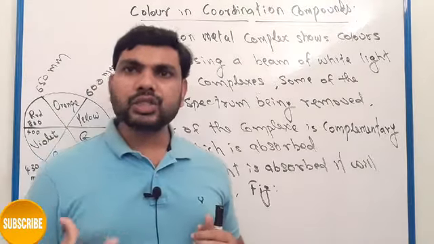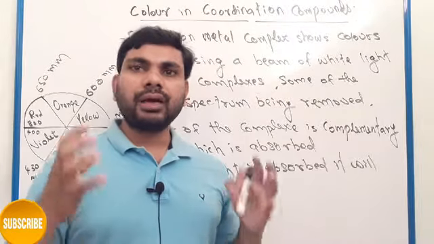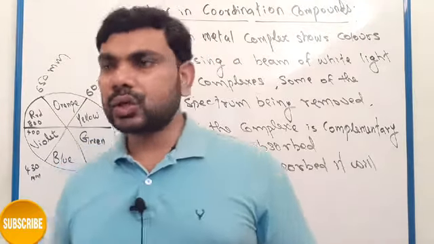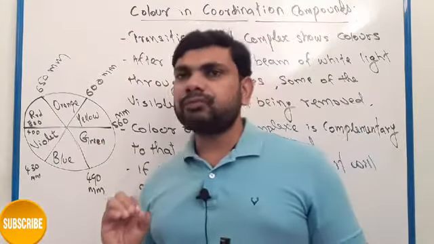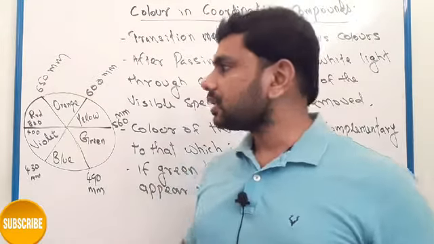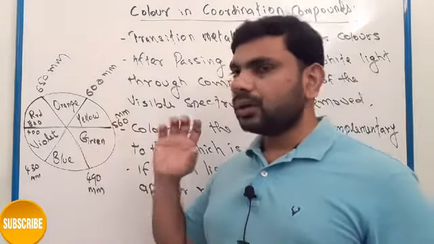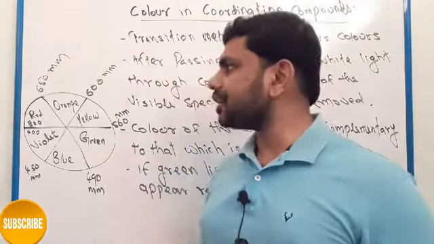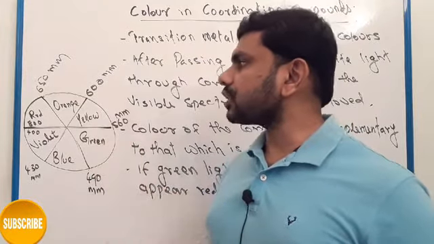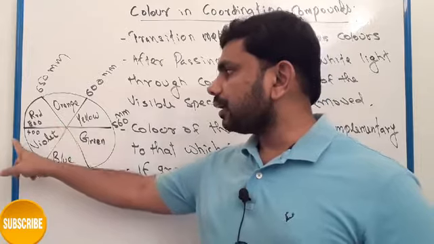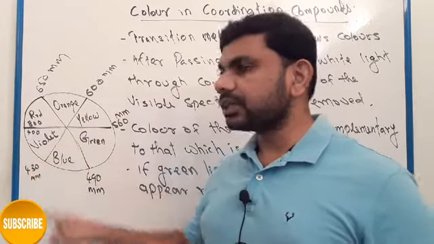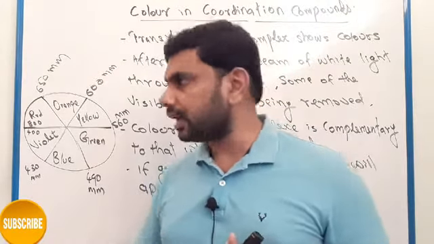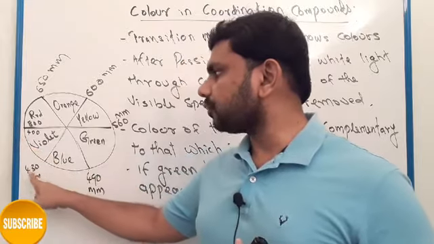This color depends on the complementary color of the light absorbed by the coordination compound. Look here, you pass a beam of light through a coordination compound, and it absorbs some radiation from the visible region. Imagine this coordination compound absorbed radiation with wavelength between 400 to 430.